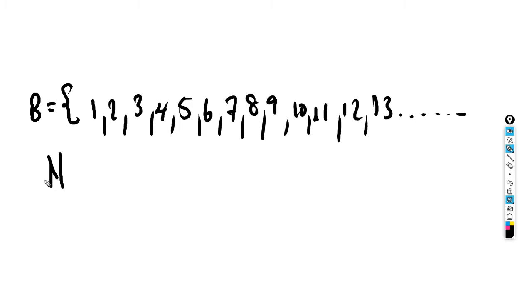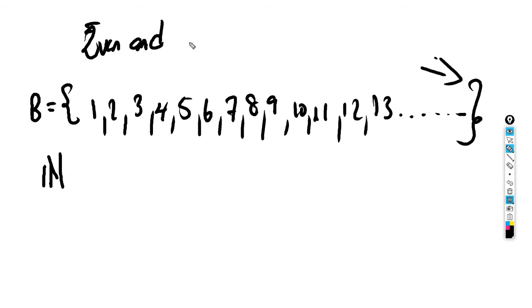It's the same as a natural number set because it's just 1, 2, 3, all the way up to infinity, okay? So yeah, that's pretty much it. This would be the set of even and odd numbers together, okay?